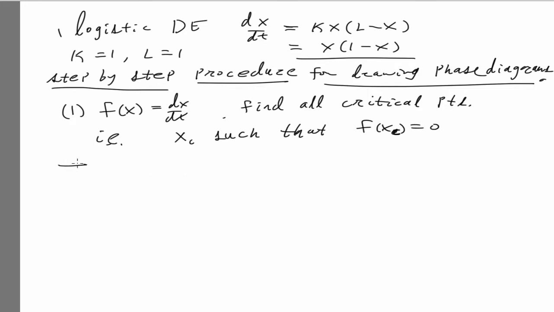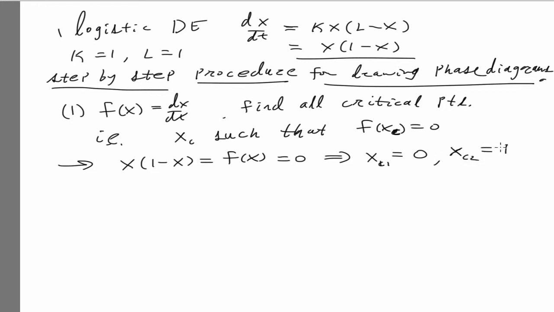All right, so let's look at our example here. We have x times 1 minus x. That's our f of x that defines our differential equation, and we want to set that equal to 0. Then we quickly find that xc1 is going to be 0, and xc2, the other critical point, is going to be 1.